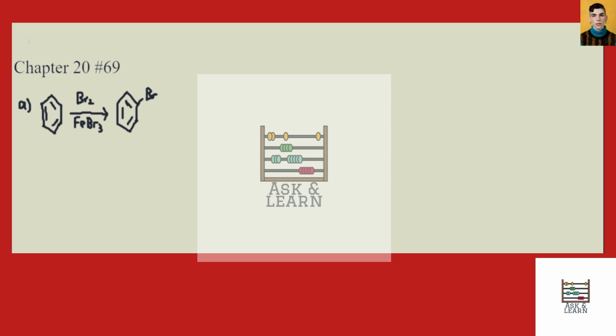We can mix this with some magnesium. That's going to get us to the Grignard reagent, which is good because, as the problem says, we have to use a Grignard reagent. So there's our benzene Grignard, our phenyl Grignard.